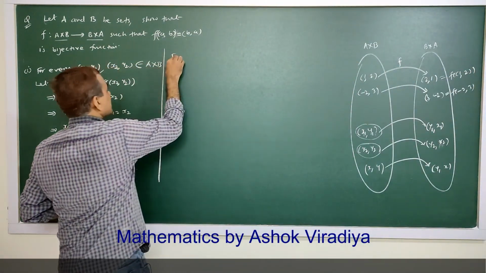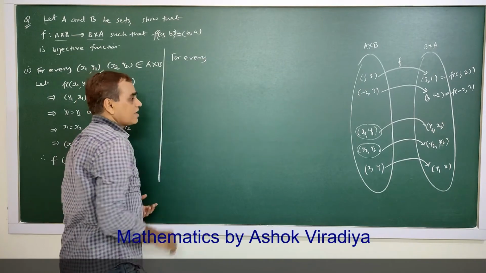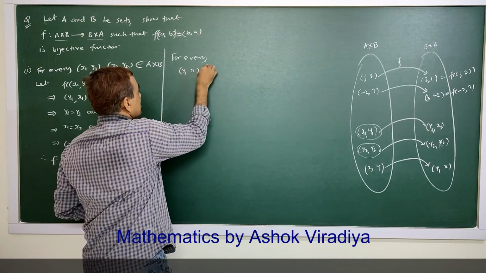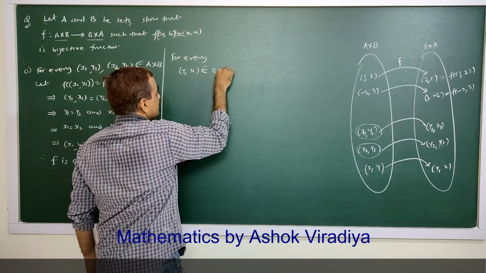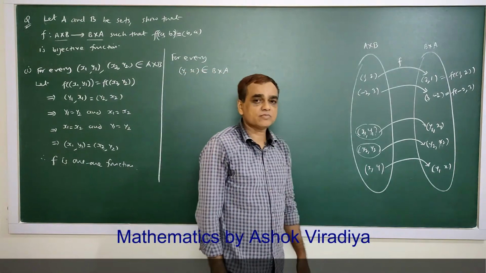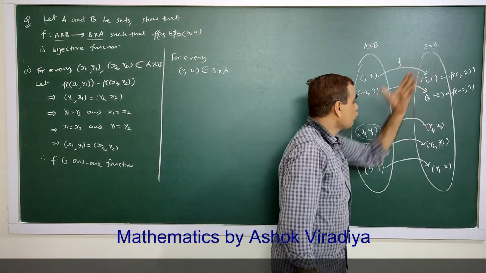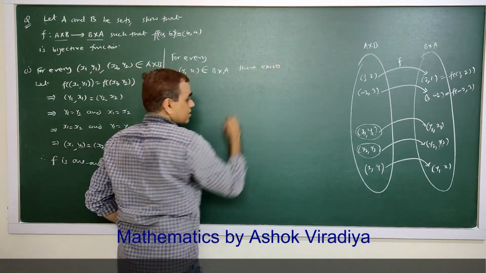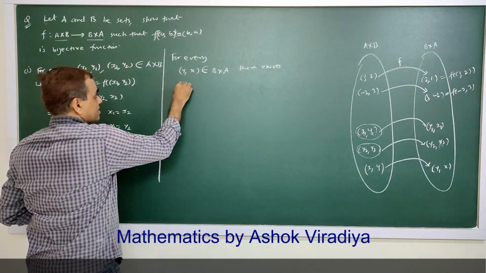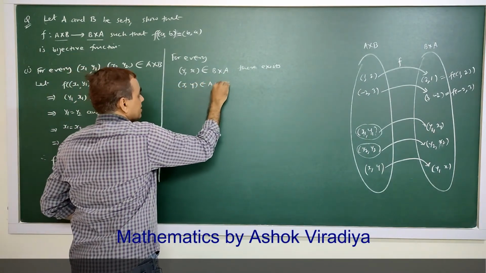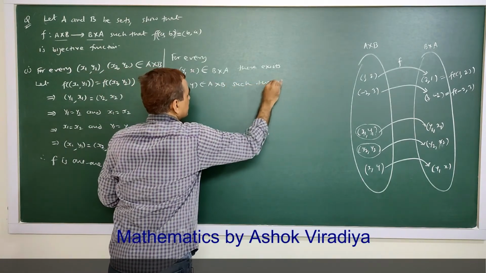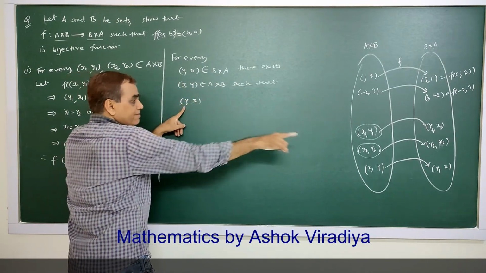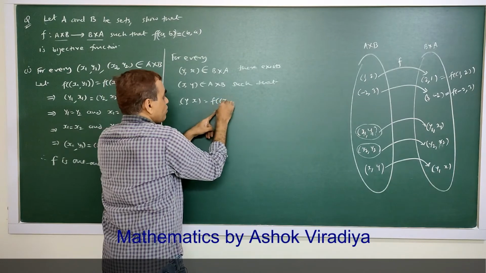For every element, let me say (y, x), belonging to B cross A, this is the codomain, there exists a pre-image (x, y) in the domain such that the image of (x, y) is that element from the codomain.